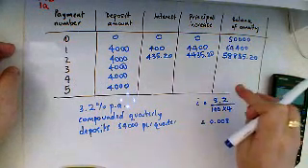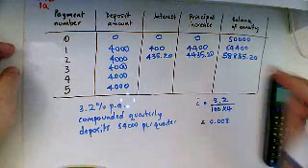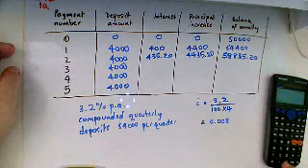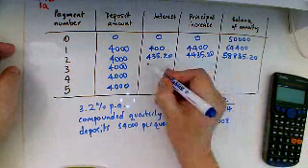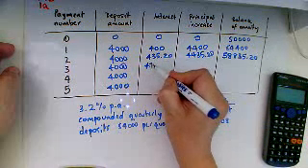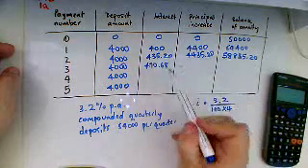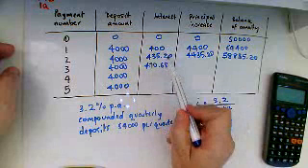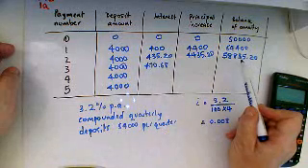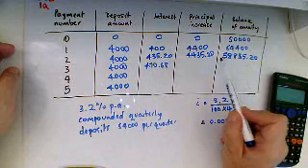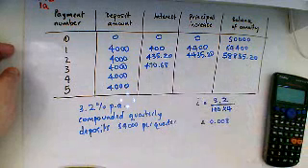So we just keep repeating this. We've got this amount here, and we need to multiply it by 0.008 again to figure out the new amount of interest. And as you can see, the amount of interest that we're earning is increasing because we're earning interest on an increasing balance. So the principal increase, let's add that again.